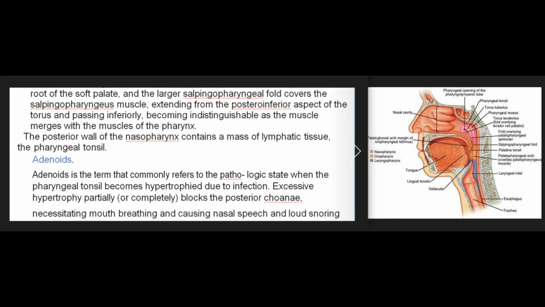Adenoids. Adenoids is the term that commonly refers to the pathologic state when the pharyngeal tonsil becomes hypertrophied due to infection. Excessive hypertrophy partially or completely blocks the posterior choanae, necessitating mouth breathing and causing nasal speech and loud snoring during sleep.